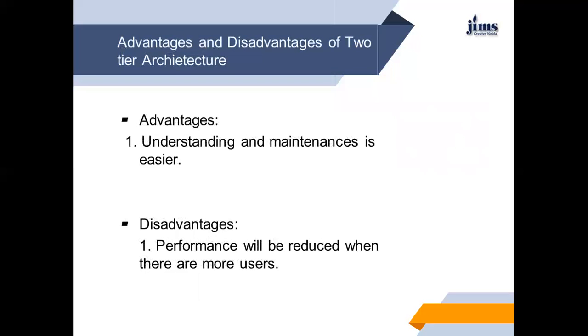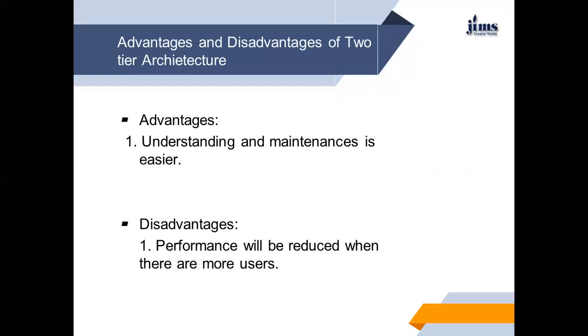When there are more users at the client side, the users are sending more and more requests to the server, and the server has to respond to each request. If there are more users, the performance of the server will be degraded, as more load is on the server, and the server may not be able to respond to all the requests at the same time, or the response may be delayed.